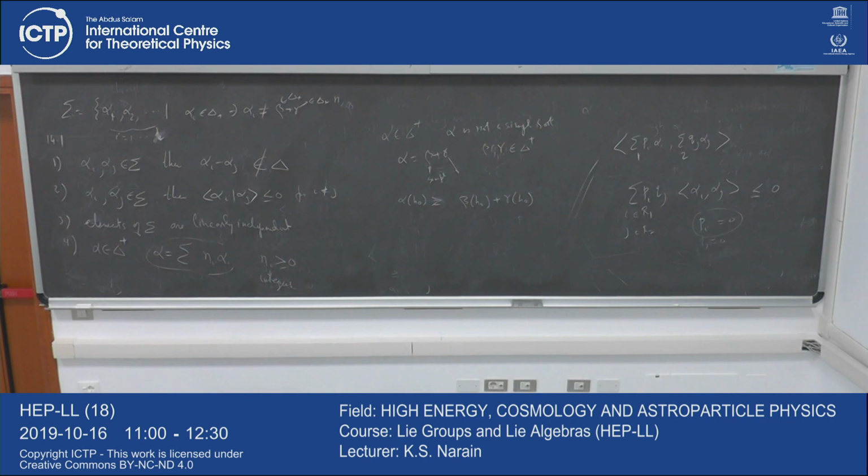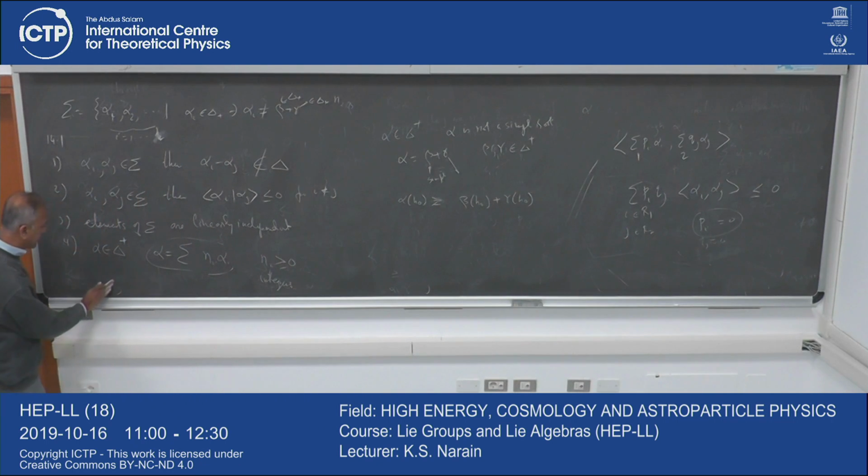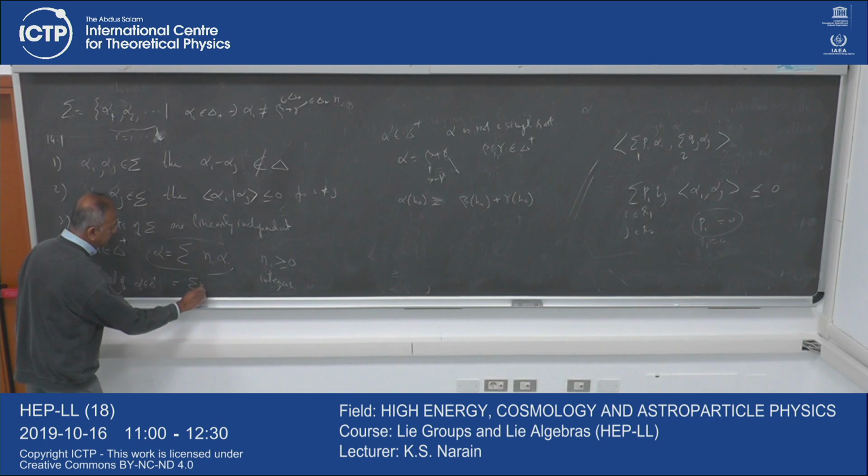Okay, so one thing was here. And you can make a definition. Since these are all non-negative integers, you can define a level of alpha belonging to delta plus as simply equal to the sum over ni.